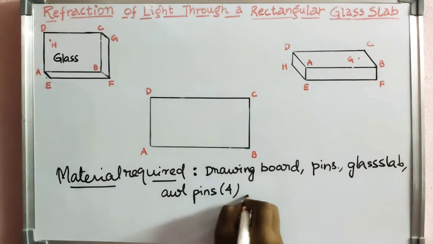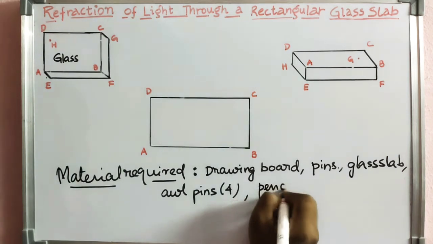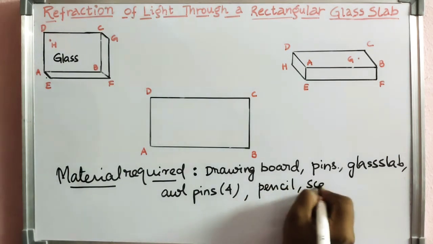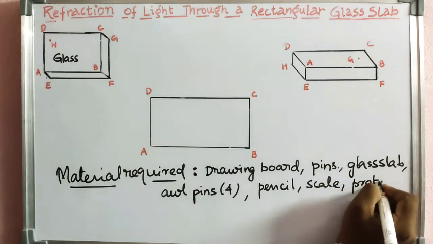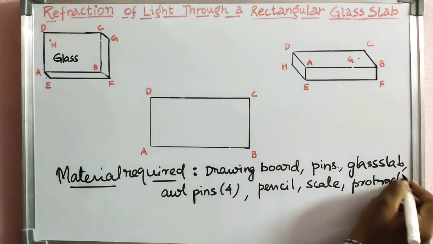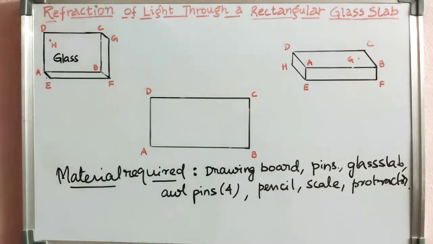Next, pencil, scale and protractor. So the materials are: drawing board, pins, glass slab, 4 all pins, pencil, scale and protractor. These are the materials required for this experiment.